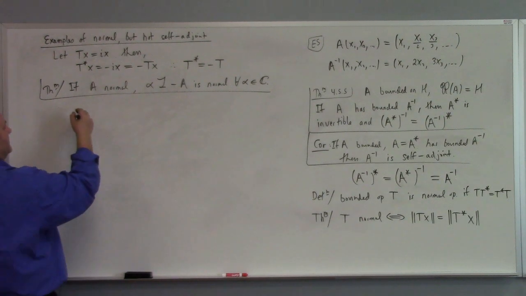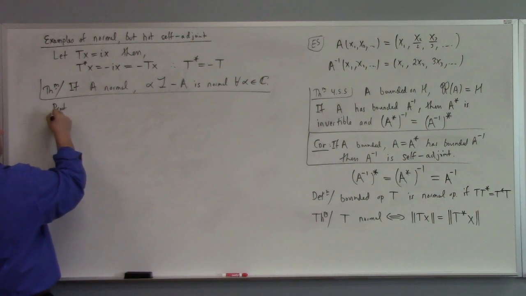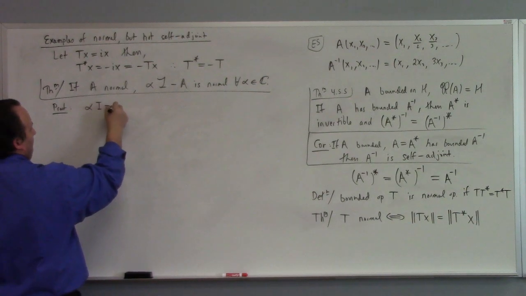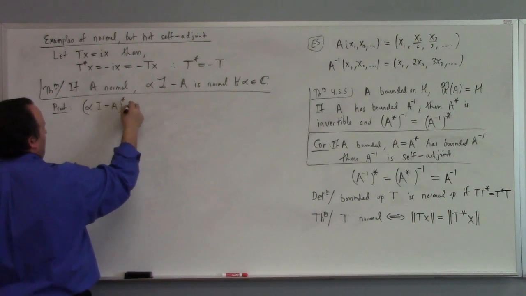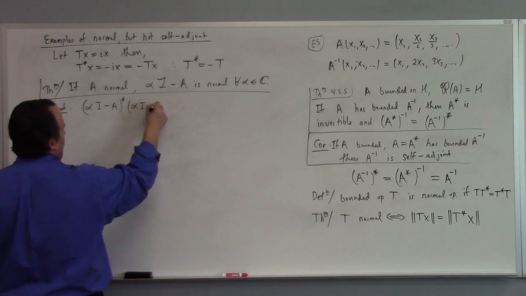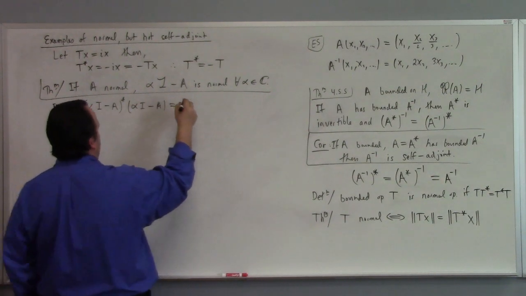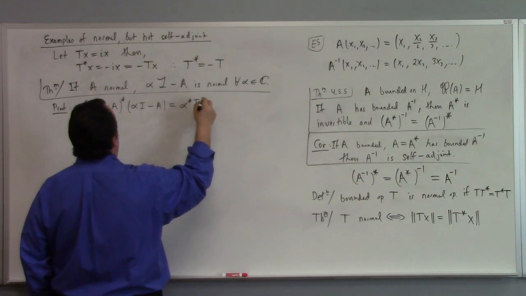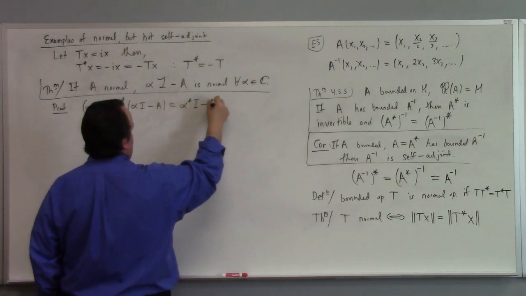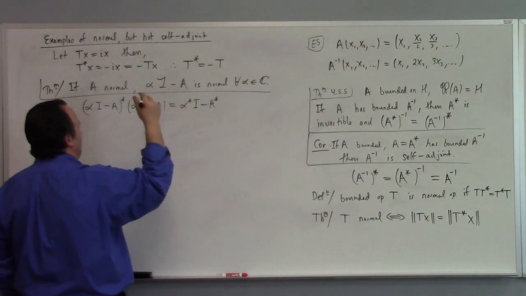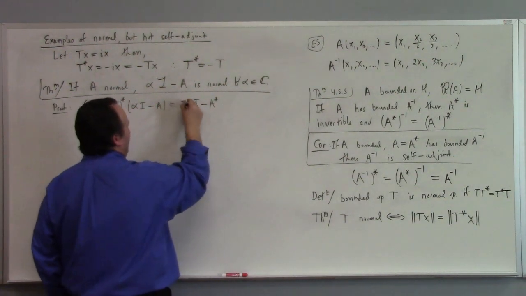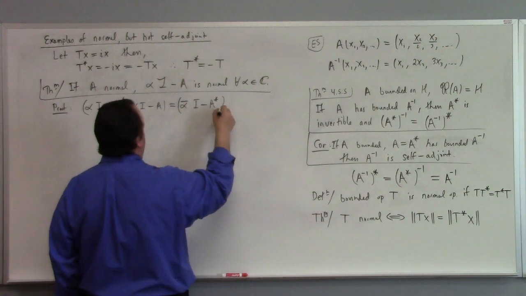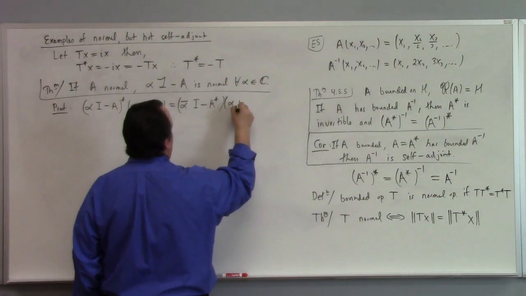Oh, I see why it's true. So if we do this times alpha I minus A, what do we get? Alpha conjugate I minus A conjugate. Oh, right, the adjoint of the identity is the identity. That's a property at the start of the section, probably a homework problem for you guys.